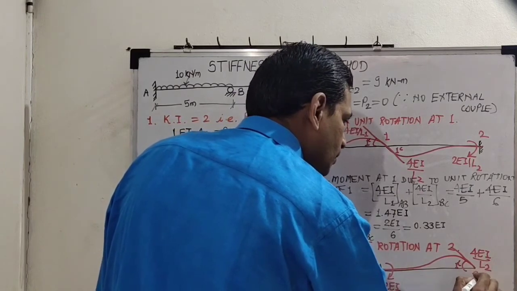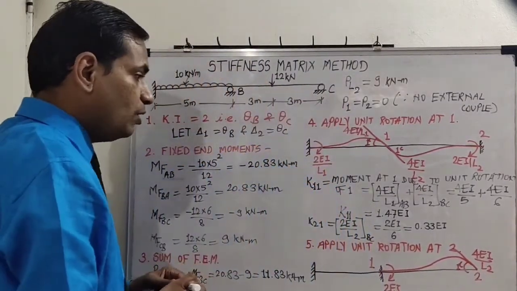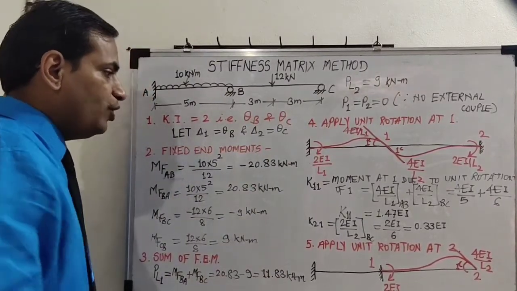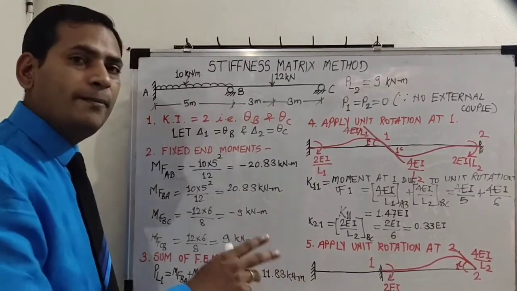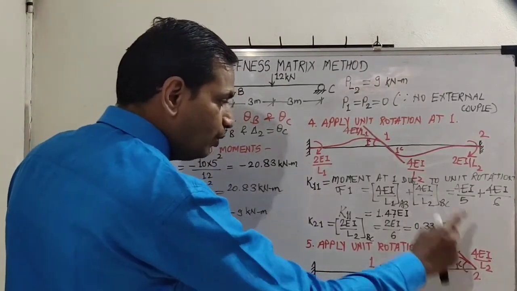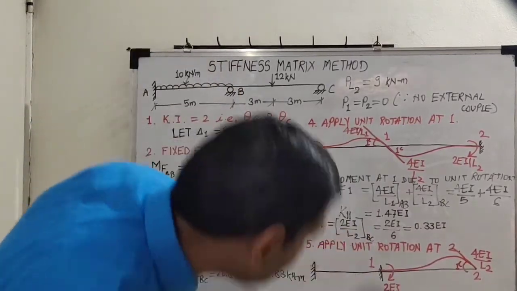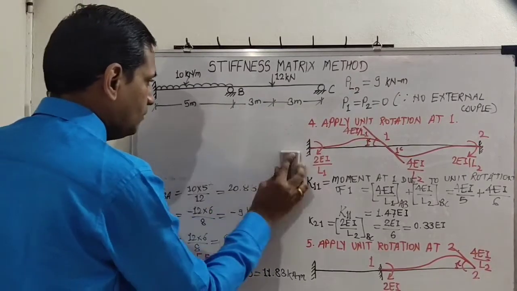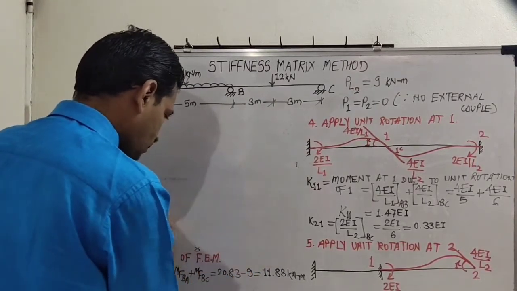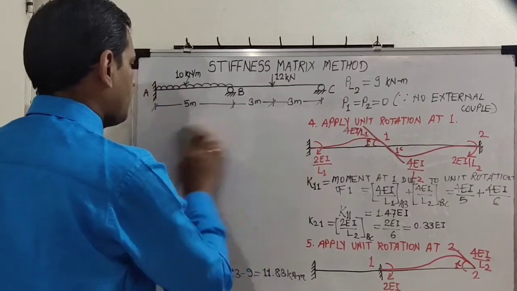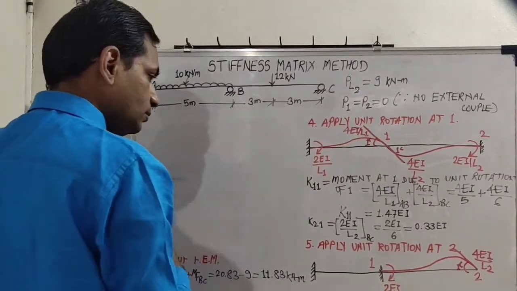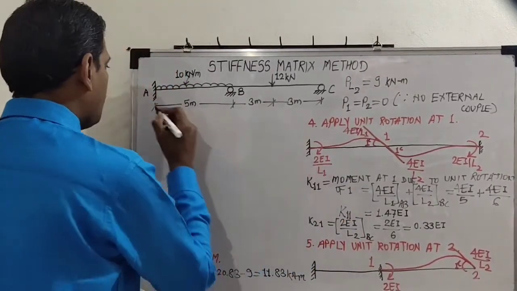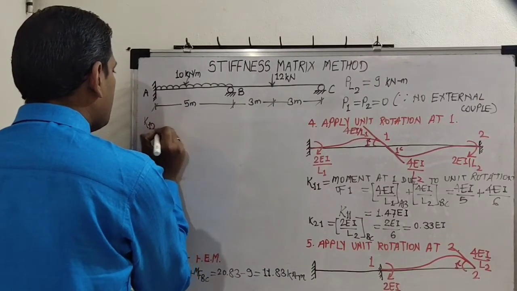This is number 2. So again we will note down the reactions induced on both the locations because of unit rotation applied on 2. Okay, so let us write. We will go to location 1 first. So K12. What is K12?